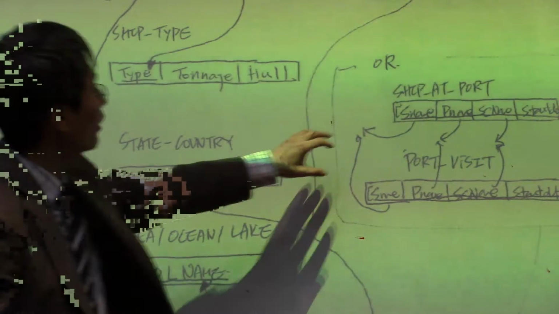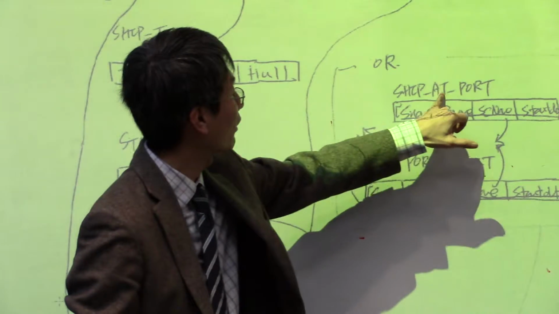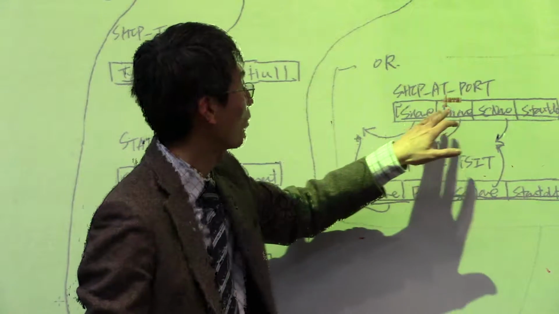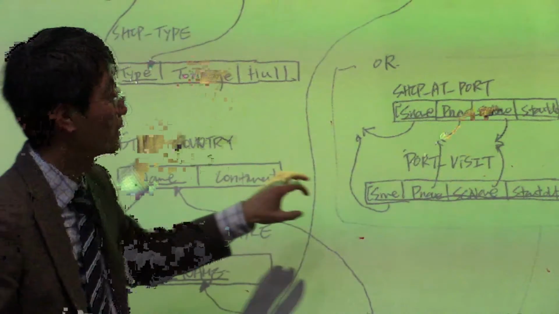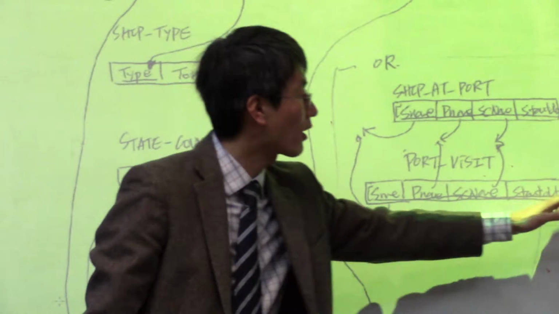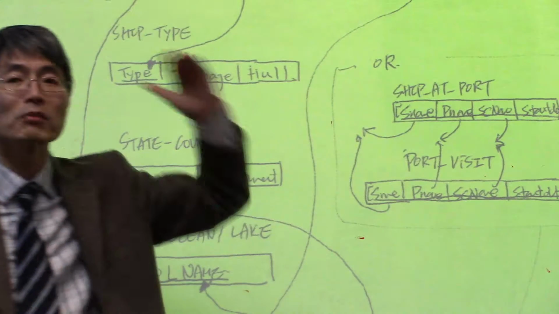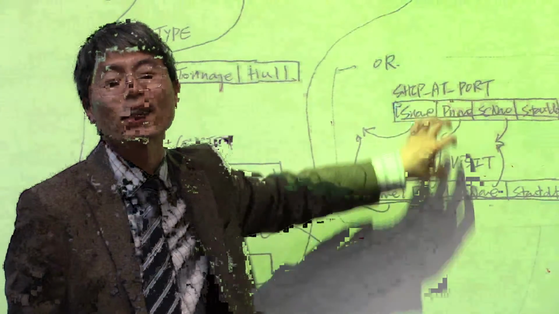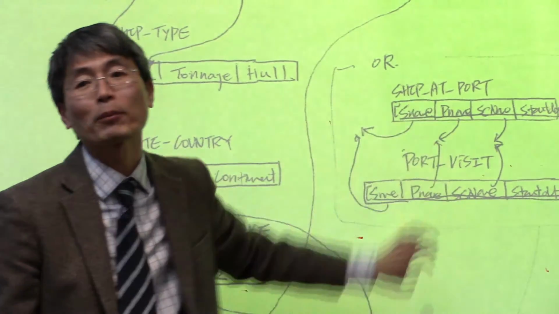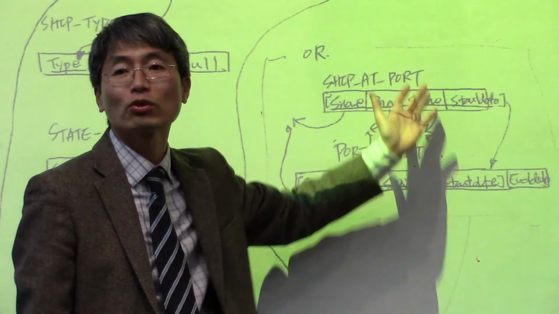So we can have the ship_at_port, primary key combination of the 3, okay? Right? Then port_visit is plus and date. But their participation is minimum 1, maximum 1. Actually, they are the same. We don't have to keep them separately. So we can combine this one and this one into one.